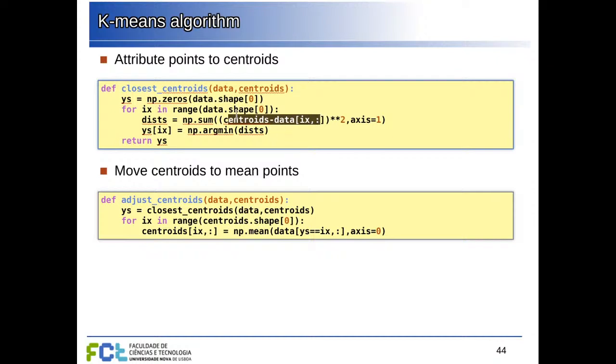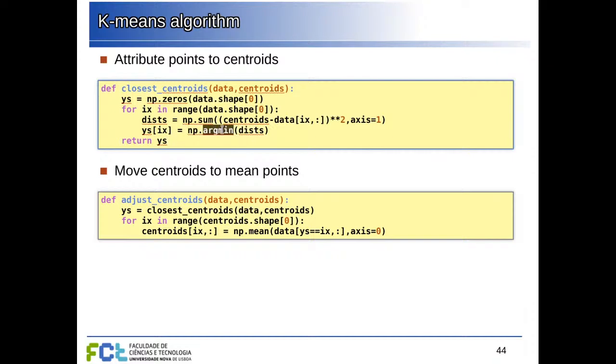So this is done by subtracting the coordinates, squaring the coordinates, and computing the sum. This is the Euclidean distance, or more specifically, this is the square of the Euclidean distance, but we don't need the square root because now we're just going to find the one with the smallest distance.